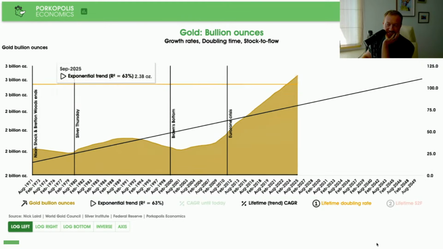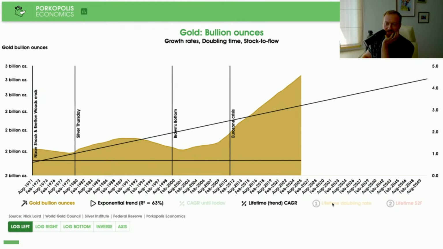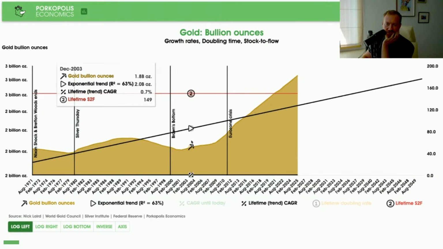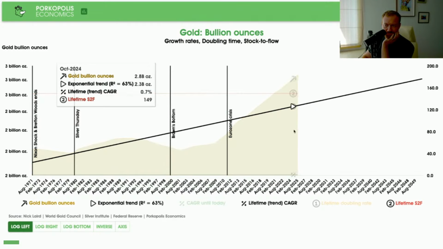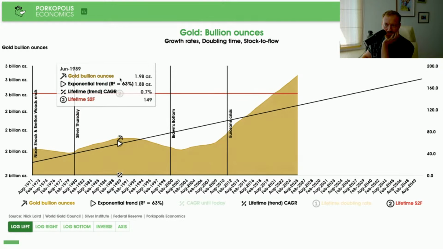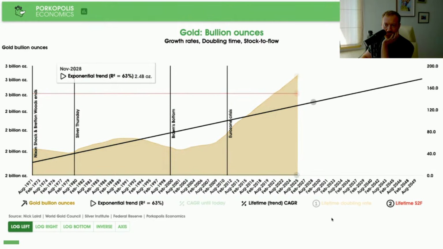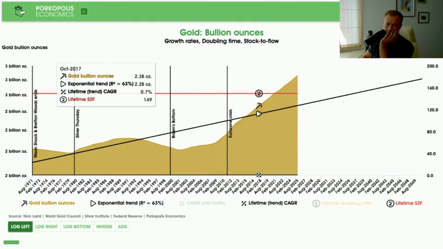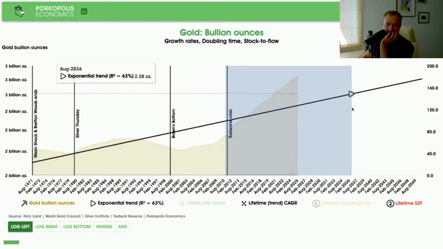So this is actually much better, right? And now caveman stock to flow, 150 years, on the trend. Why would that necessarily be correct?